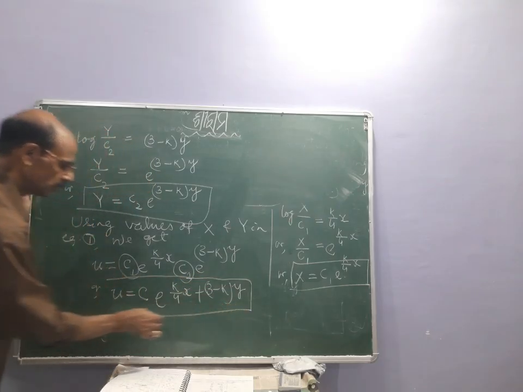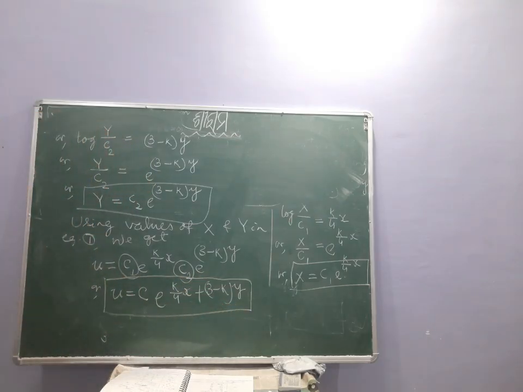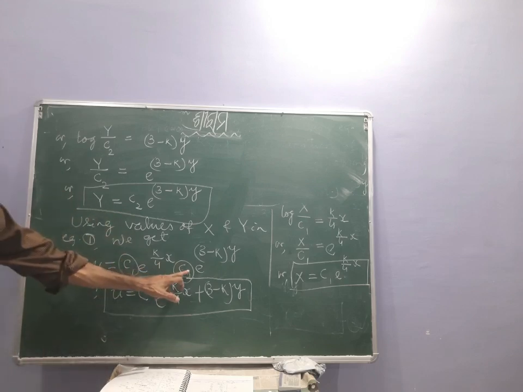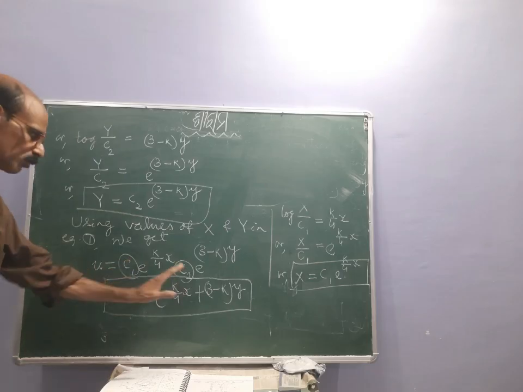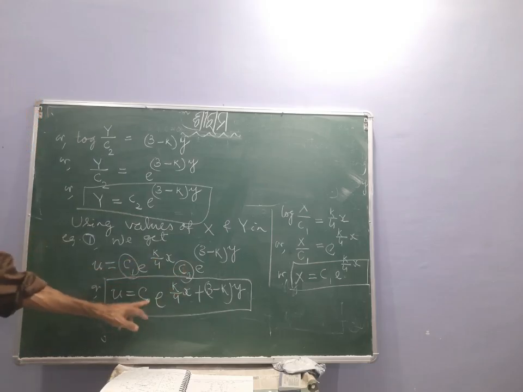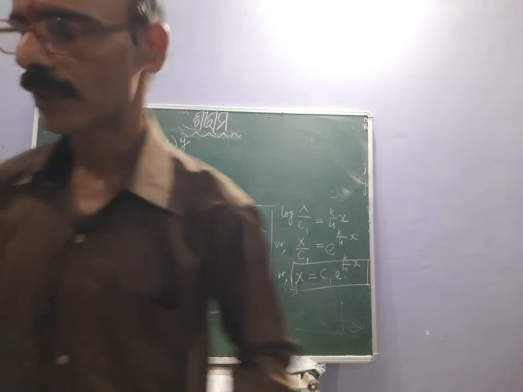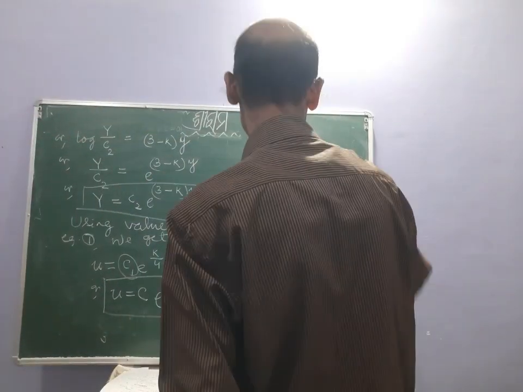So this is the solution, but we are given certain boundary condition. If no boundary condition is there, we will stop here, where C is equal to C1 into C2. C1 is a constant, C2 constant, so their multiplication will be another constant C. Now since condition is given, let us use that condition.